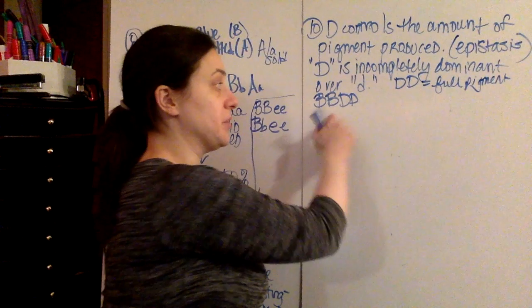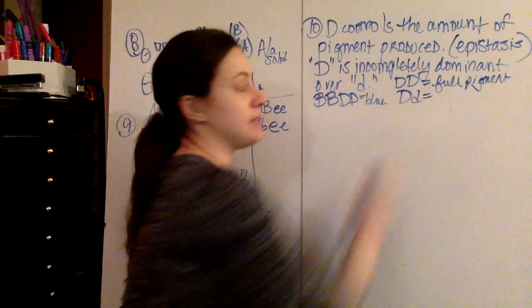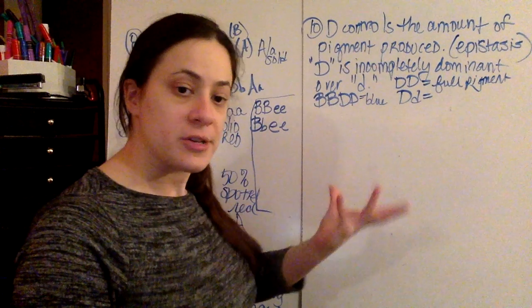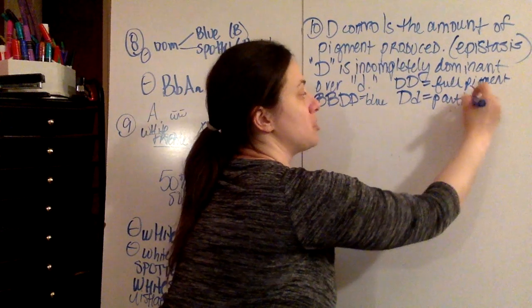tribble that is blue, but is fully blue. If we have big D, little d, that's going to be something where there's a partial amount of the pigment produced. So we'll say partial pigment.